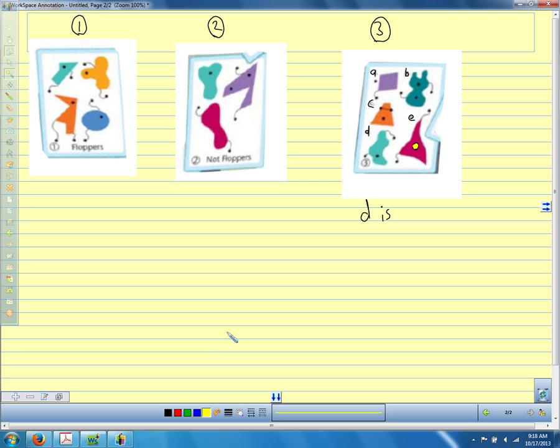It was supposed to be black, but it does have a dot there. So is E a flopper then, now that it has that dot? Yes. So E is. So what makes this thing a flopper? What's important to be a flopper? What do you think, Marie?